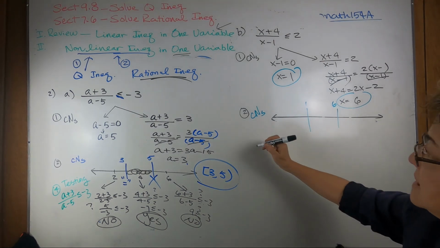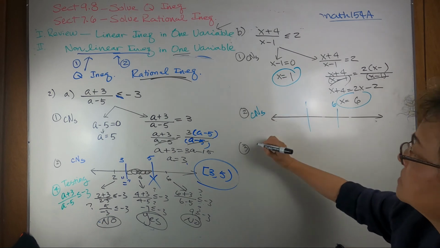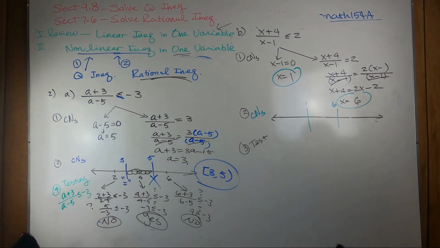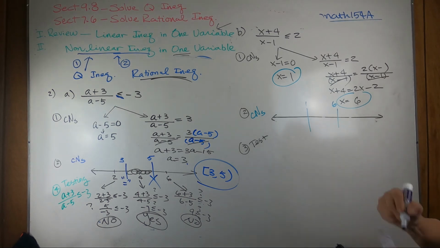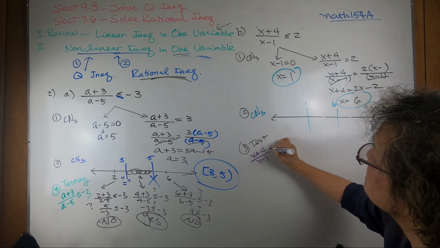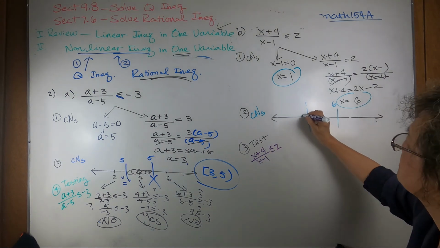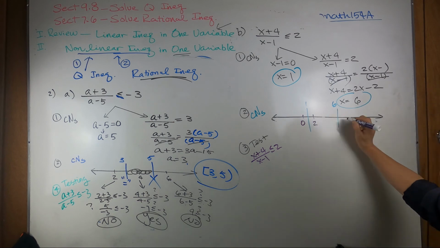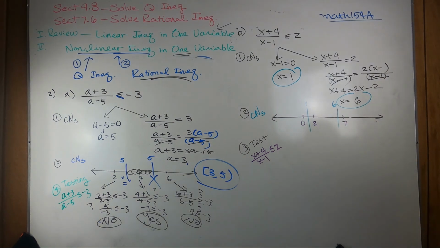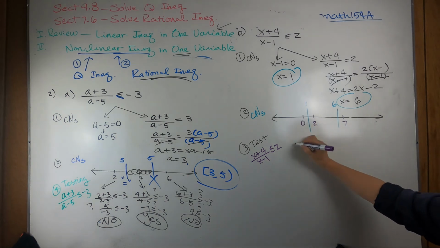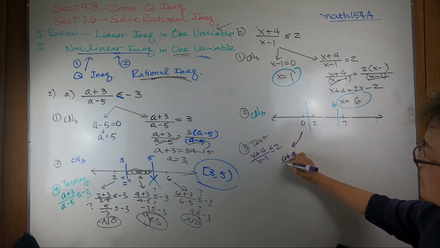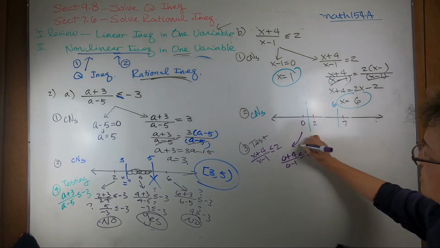Okay, and next step, we are going to test the original. Test the original with what? x plus 4 over x minus 1 less than or equal to 2. I'm going to use 0, use 2, use 7, just small numbers, to see if it works. So 0 would be what? Plug in 0 plus 4 over 0 minus 1 less than 2.